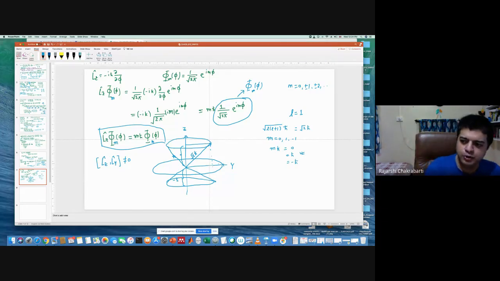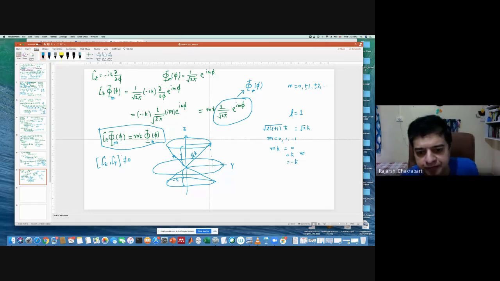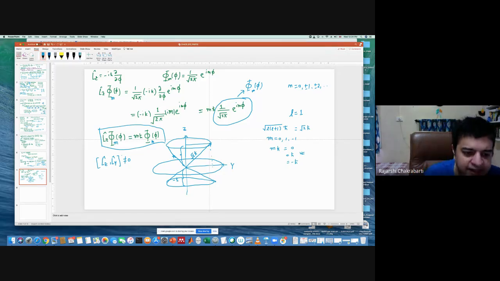Also, the z-axis is towards you, because the z-axis is like this. So that's why I have to make a cone. You understand? The cone means what? If it were only Lz and Ly not commuting, then it would have been only a 2D picture, but you have a 3D picture because Lz and Lx also don't commute.